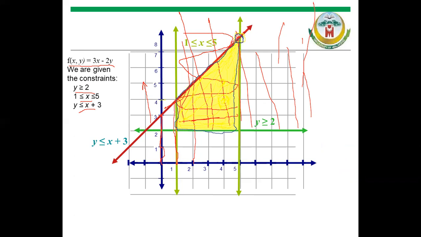We have these four vertices, and this region is the polygon. Now we will be interested in these points. We will consider the x and y value at each vertex, and we will put these in this function, and it will give us some value.